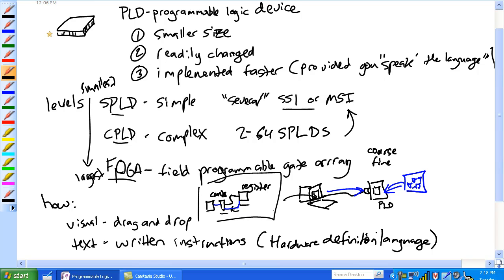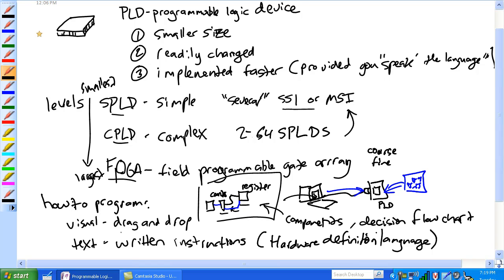Okay, so written instructions, drag and drop. One thing I did want to say, this is using components. I have seen something very akin to a decision flow chart. So visual, you can drag and drop components, or something akin to a decision flow chart. You got text, written instructions, written in the hardware definition language.